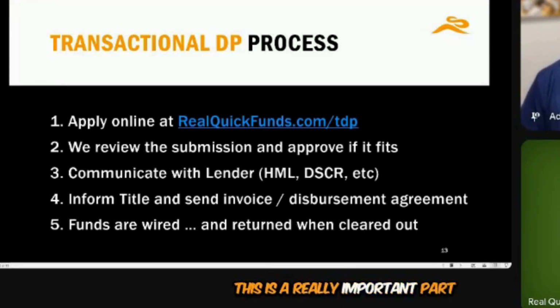This is a really important part that people ask me about. The other day when I was talking about this, somebody brought up the fact that they've heard about this type of transaction, this type of funding, and they also heard that it was a little bit scammy, that it wasn't really a good way of doing things because you're hiding things. And that's one of the fundamental principles that we and a number of other lenders stick to: we're incredibly transparent with the lender.